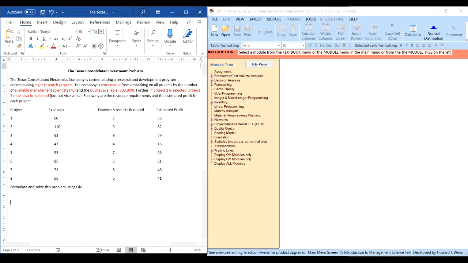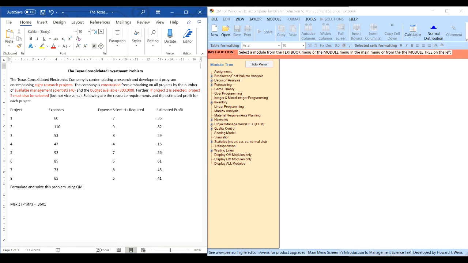But first, let's begin by entering our objective function. So we look over here, and let's maximize Z, where Z is profit, equal to all of our profit information. This is the profit associated with each project. If that project is undertaken, that is the profit we will receive. So, 0.36 x1.